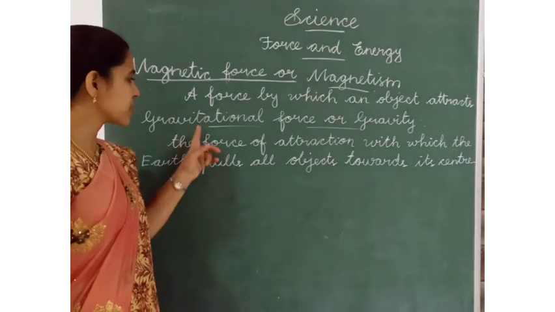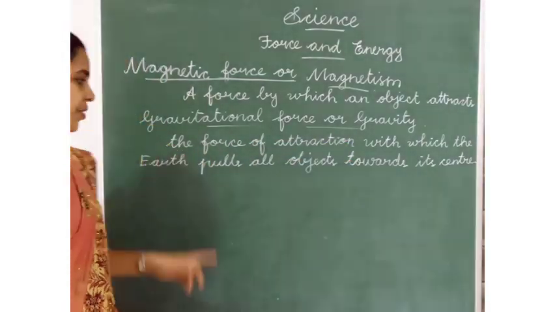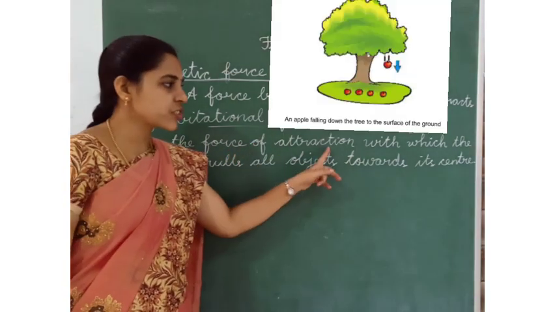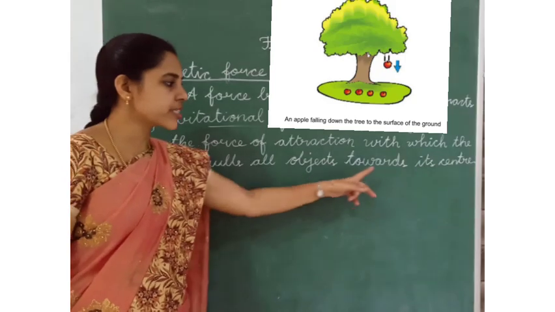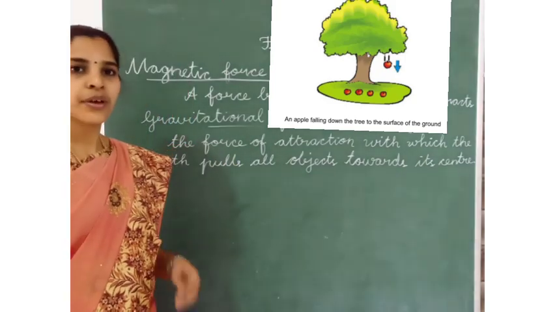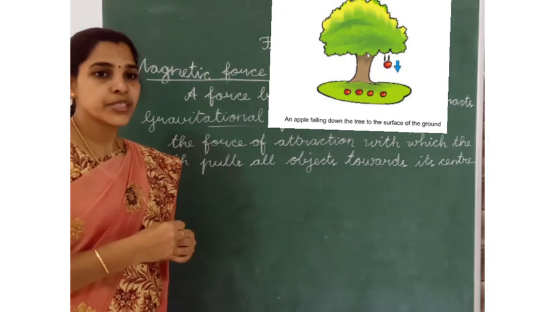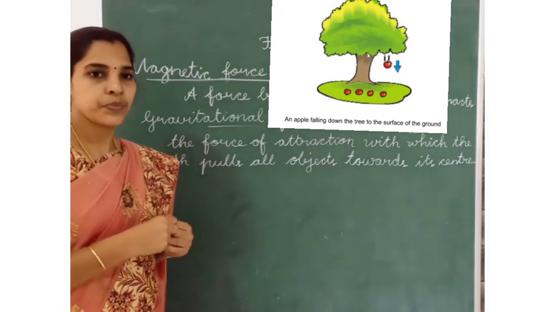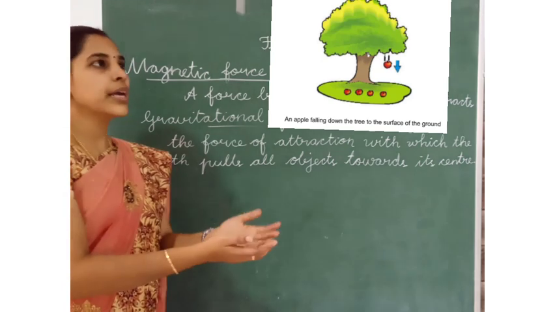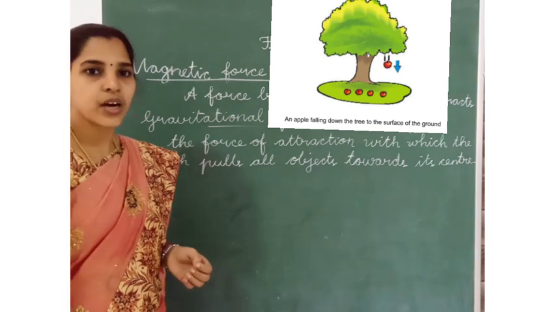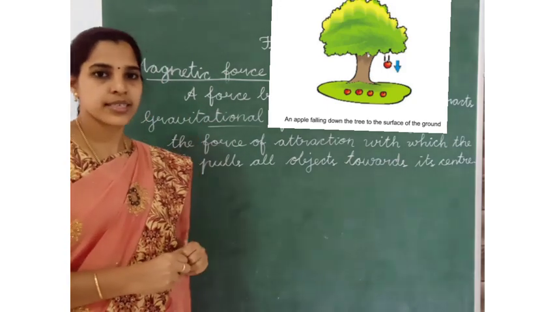Next type of force is gravitational force or gravity. It is the force of attraction with which the earth pulls all the objects towards itself. Listen here. I am throwing the chalk up. Again the chalk is coming down because the earth is attracting the objects.